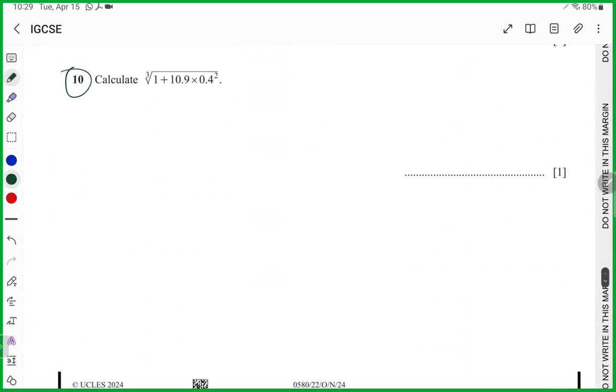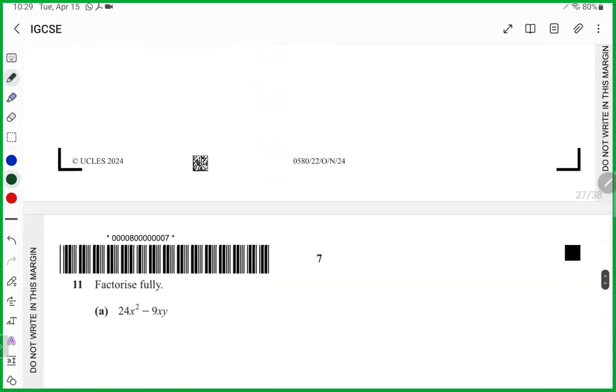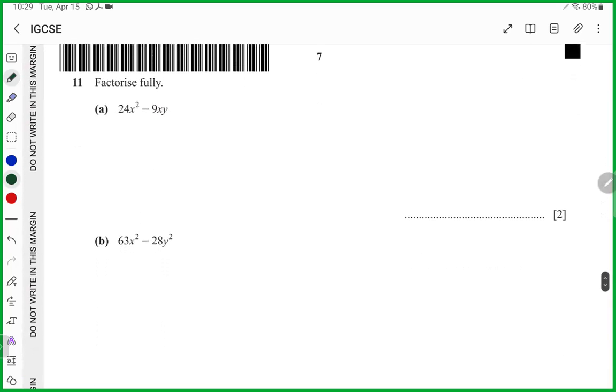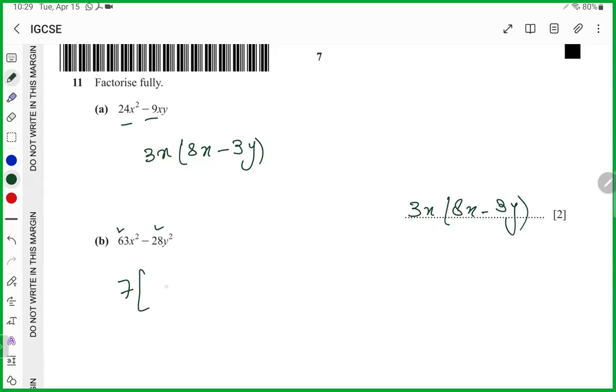We can skip this because now they are not going to ask such questions anymore. Factorize fully. So this is going to be 3 and x, right? You can take 3 common, and y. So 3 into 8x minus 3y. In the B part, what we can take common is 7, I guess. Yeah.